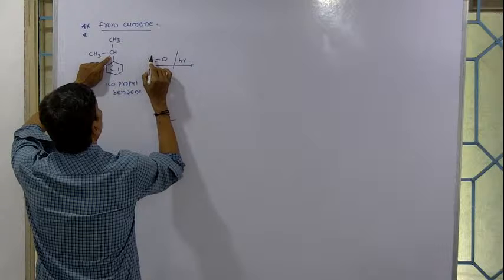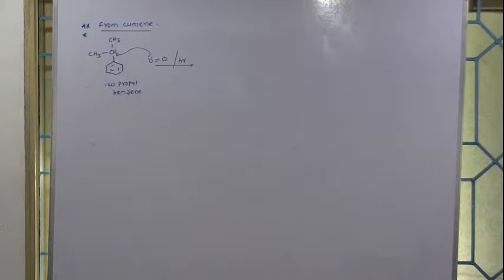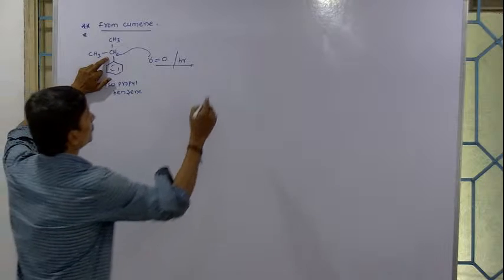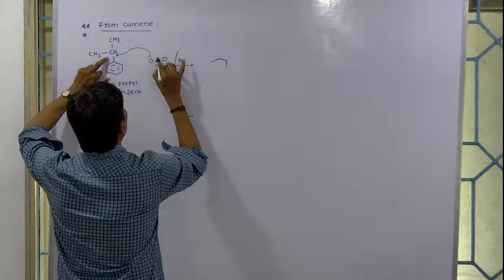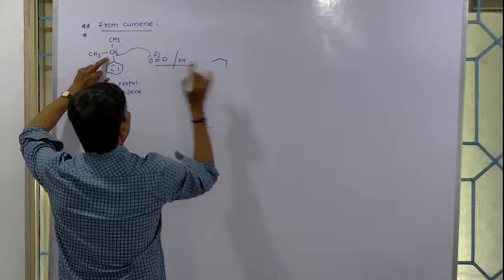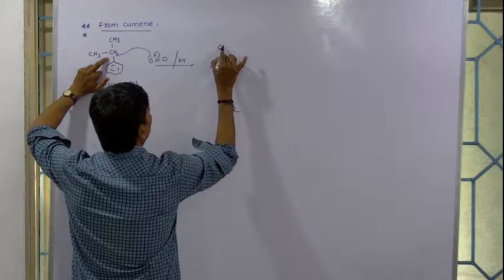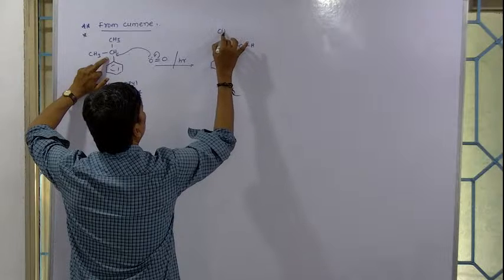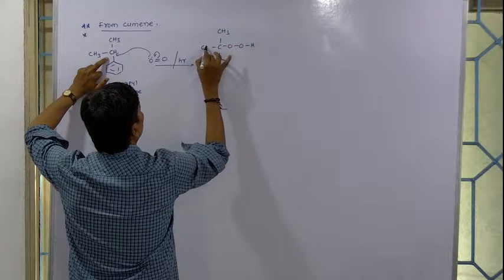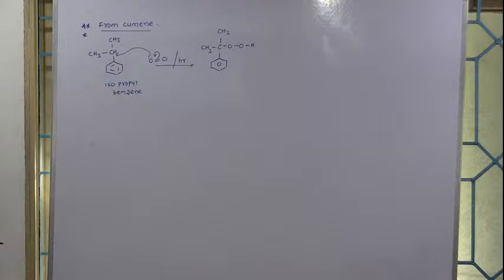So this oxygen atom's lone pair reacts with that carbon atom and forms the peroxide.